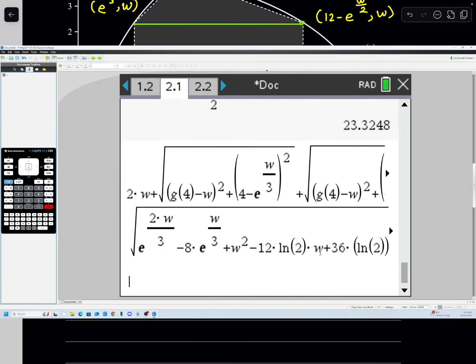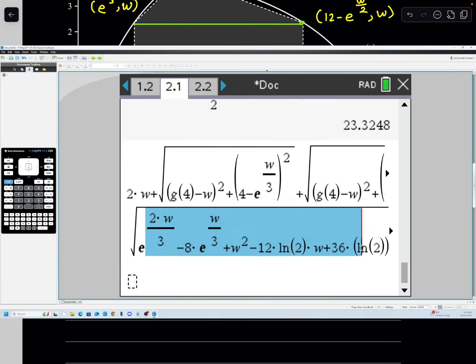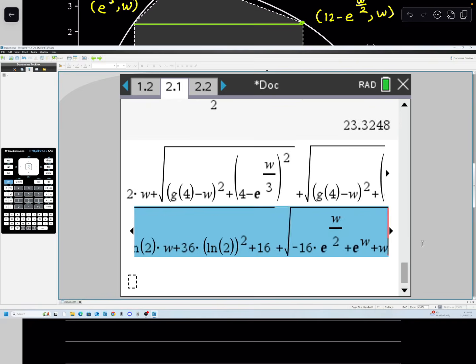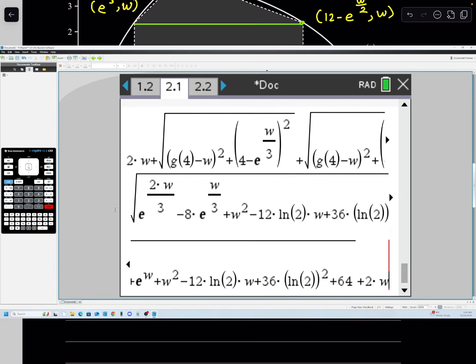Okay, so this here is my formula for the timber. Isn't that correct? We want to remember that the formula for the timber has to be less than or equal to 12.